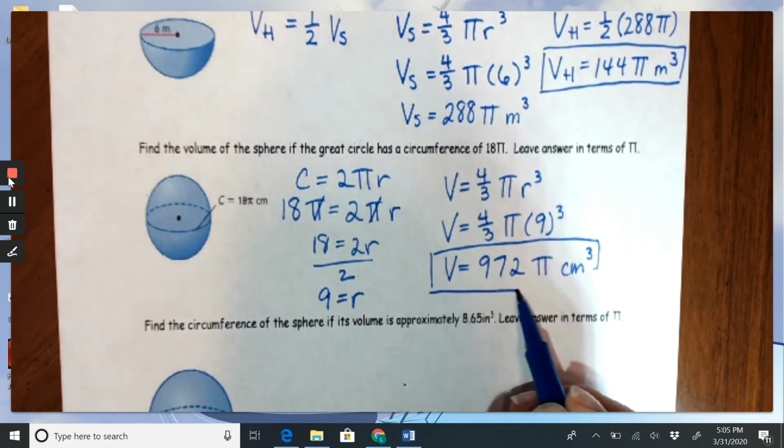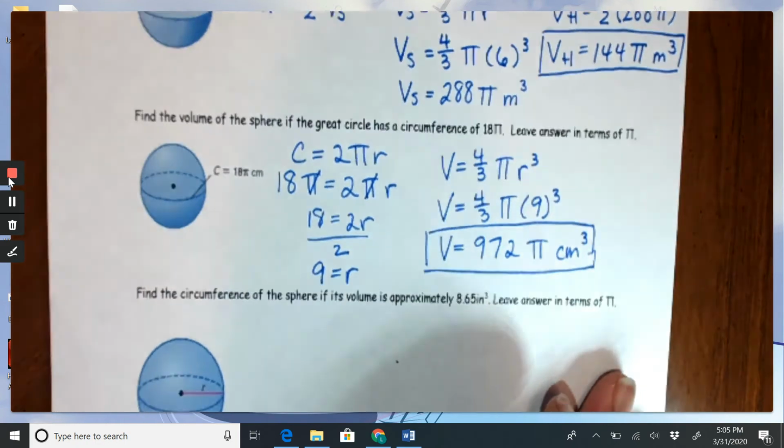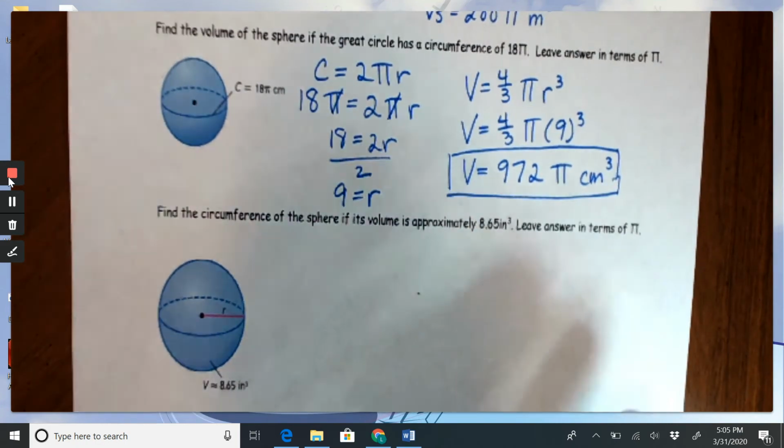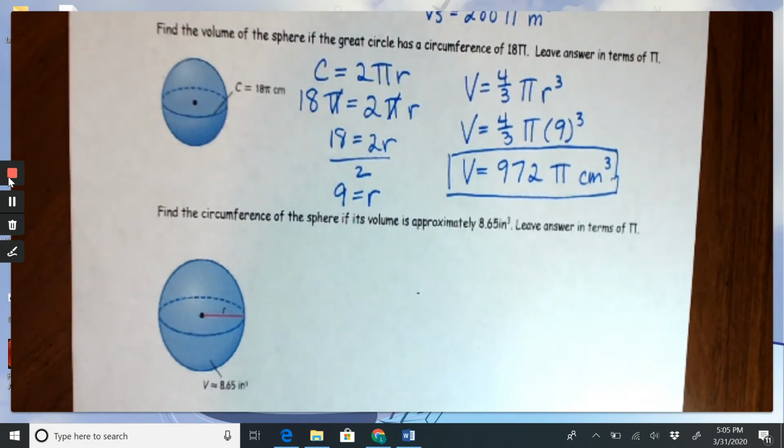Now for our last example, this time it wants us to find the circumference of the sphere if its volume is approximately 8.65 inches cubed. Leave our answer in terms of pi. Now, the circumference of the sphere is basically going to be the same as the circumference of the great circle, right? Because the circumference of the sphere is the length around it at its widest point.